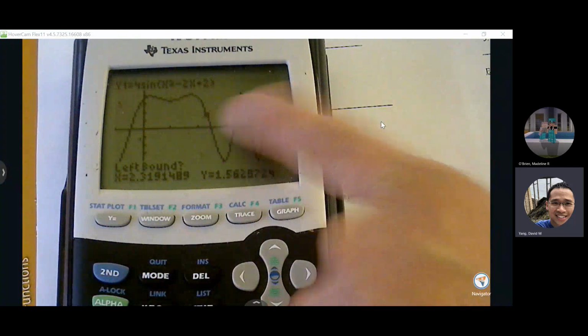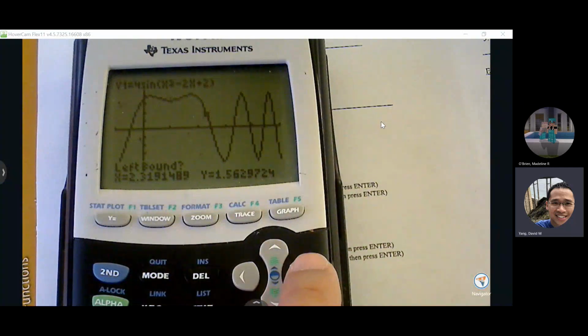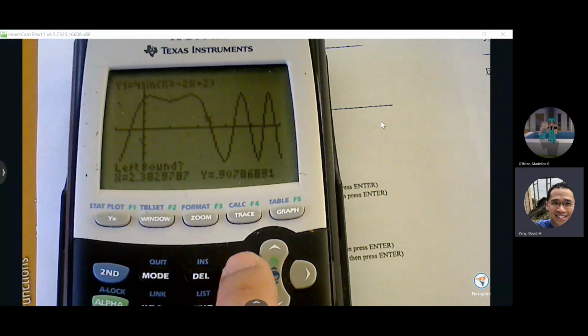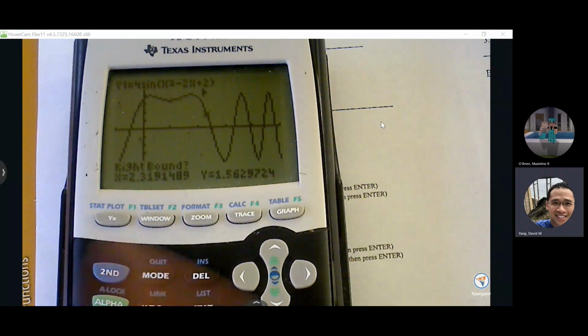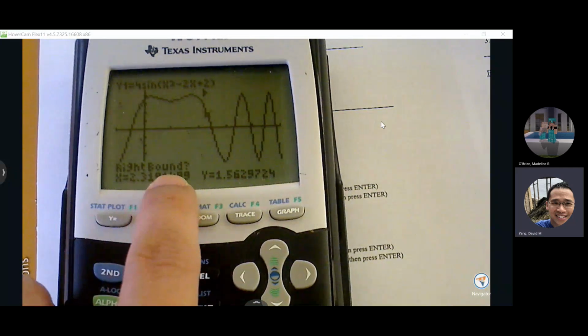So you see how right now my cursor is to the left of my target. Doesn't matter where you choose, just pick a point that is obviously off the x-intercept to the left of it. Hit enter. And then you see that question mark here, right bound.